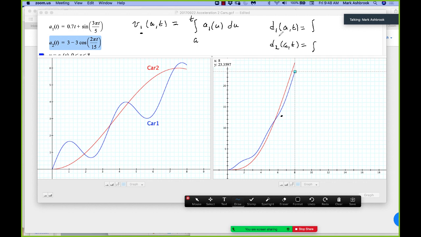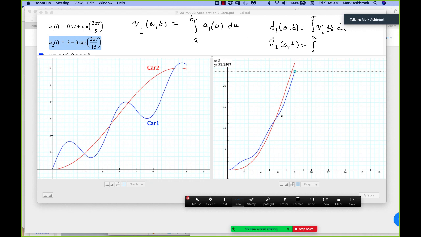So we're going to have d1 equals this, the form of our distance accumulation functions. Because speed is the rate of change of distance, we're going to have the net accumulation from a to t of the speed of car 1. And that's going to be our distance.